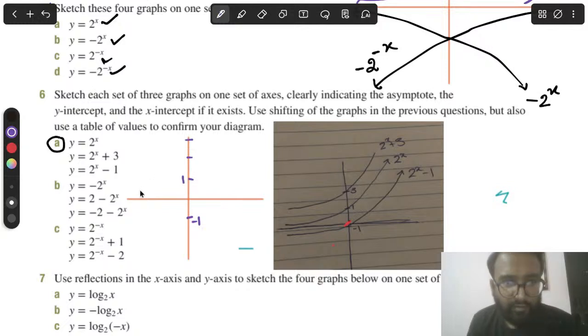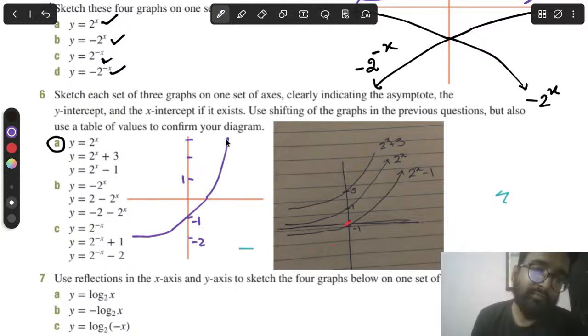So your first graph must go like this. And moreover, see, it should not cross minus 2 below. Is it clear or not? This is your graph only. Okay.